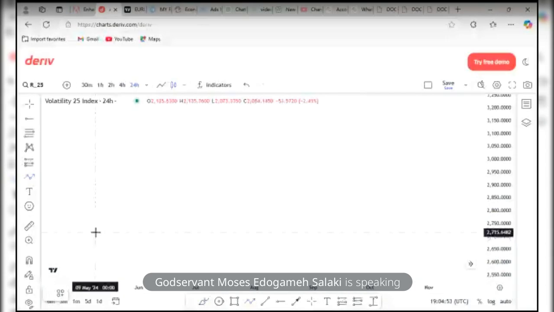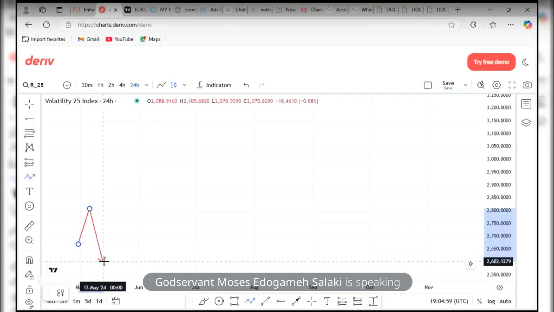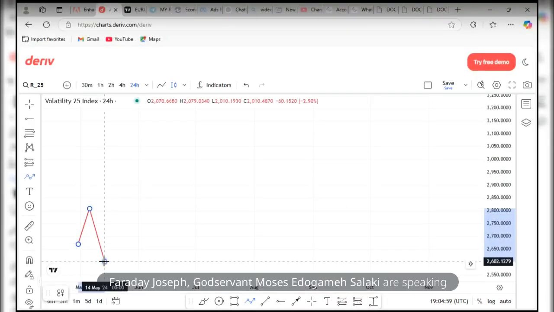So I love using the bullish market, for instance. We have a move like this. Please pay attention to everything I'll be teaching, because I'll still show you in the chart what's happening.